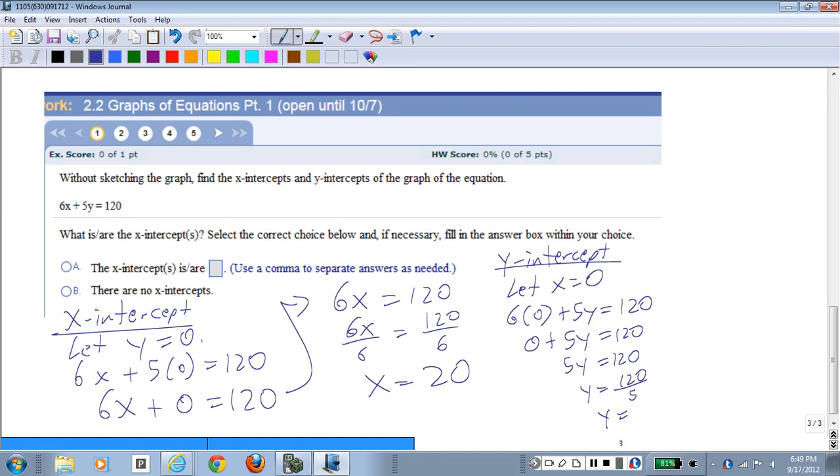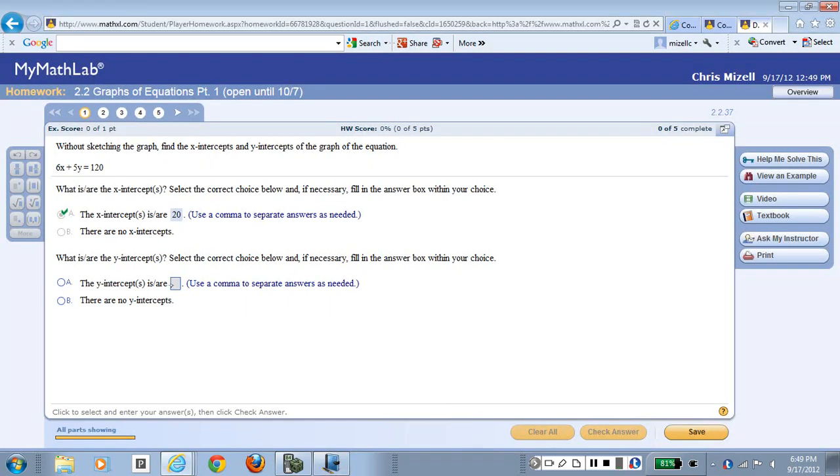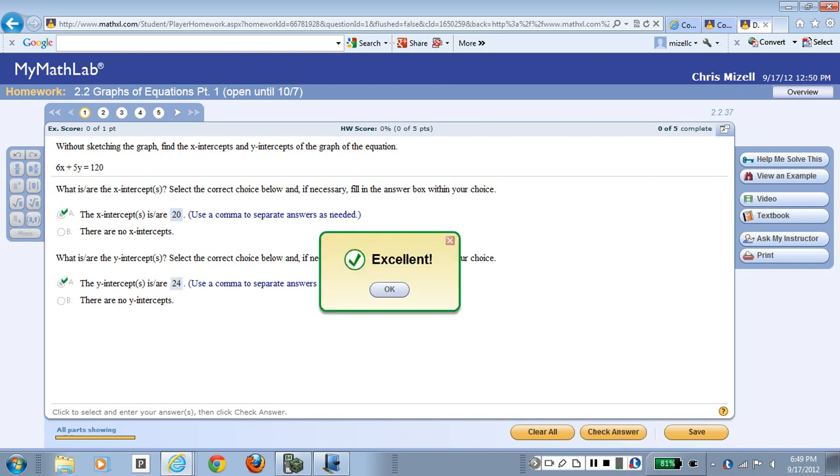Maybe 24. I probably shouldn't even write it. In case somebody looks at this someday, 20, 0 or 0, 24, those are the points that I would plot. But really, MyMathLab wants 24.